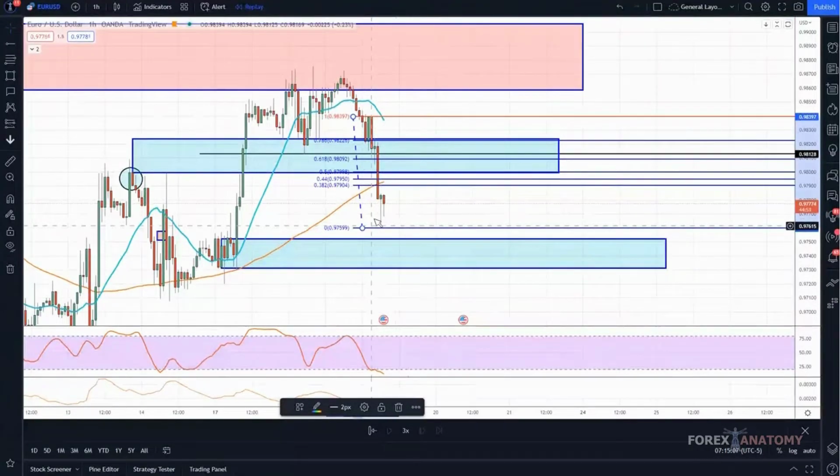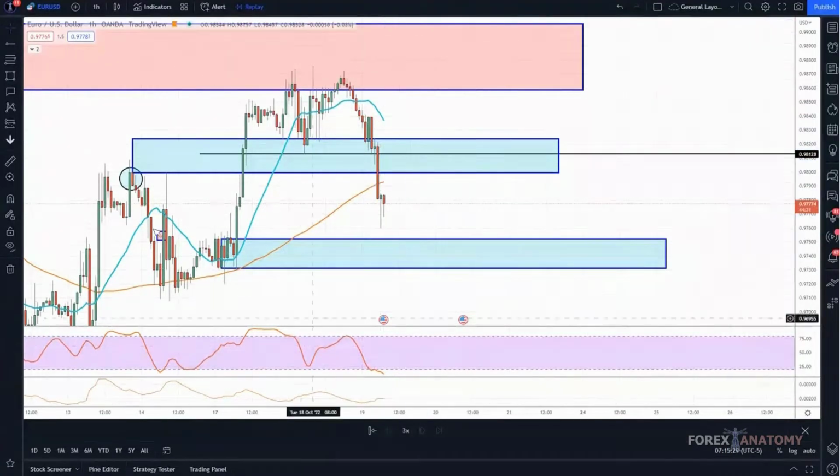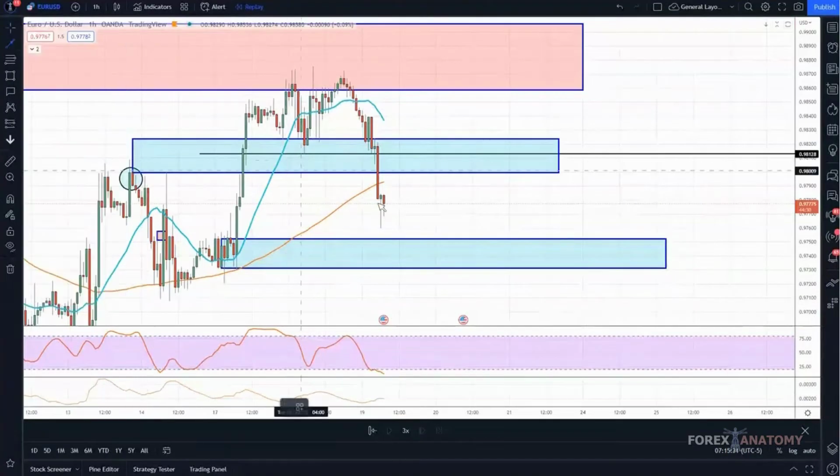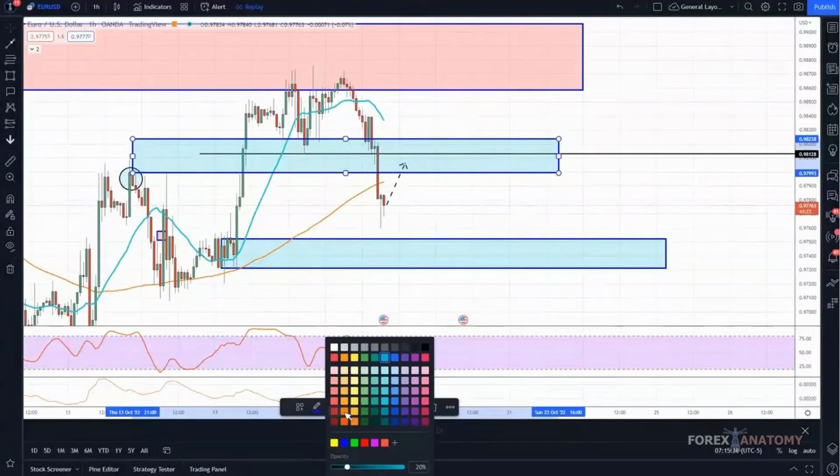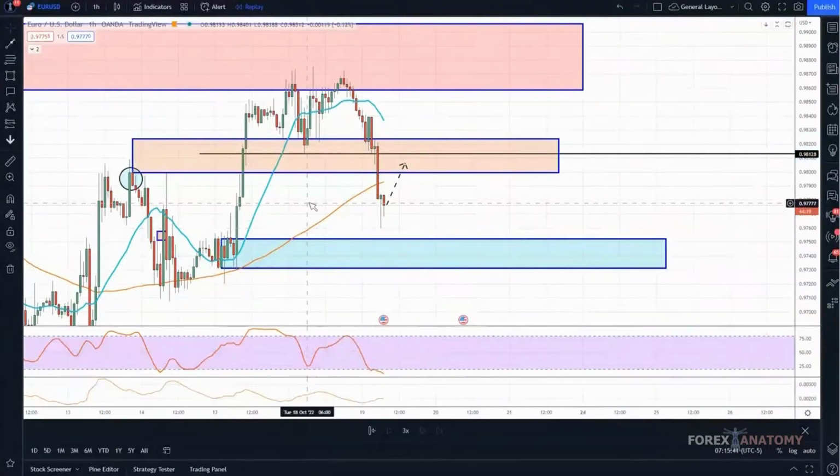So in either case, we're going to look for opportunities to sell as soon as price reaches this particular area. Then we can place our stops somewhat behind this zone and try to ride it out, maybe somewhere in the middle of this area of demand down here. So that's what we're going to do. We're just going to wait for price to correct to the upside. To avoid any confusion, let me change the color and make this orange.